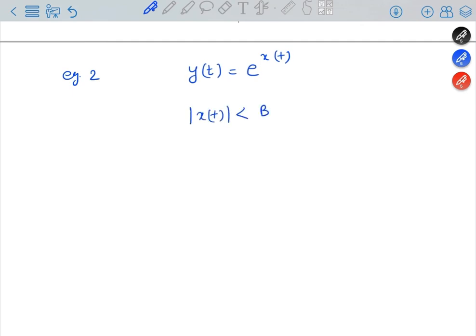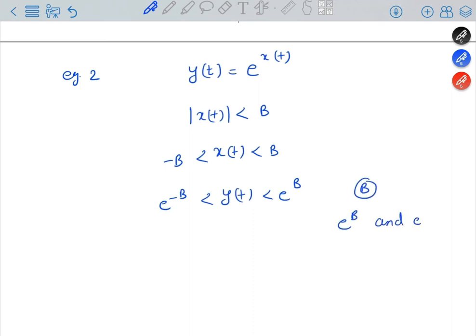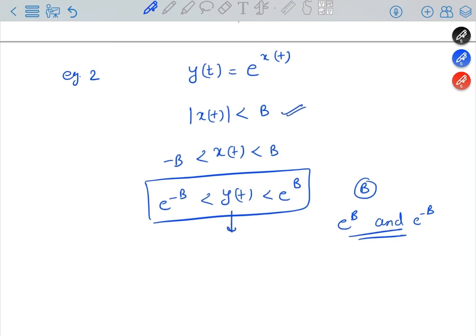So there is some finite value B, and |x(t)| is less than B. That implies x(t) lies between minus B and B. So y(t) will lie between e^(-B) and e^B, and as B is bounded, e^B and e^(-B) will be bounded values. So if the input is bounded, then our output is also bounded between the two values e^(-B) and e^B. This implies that this system is stable.